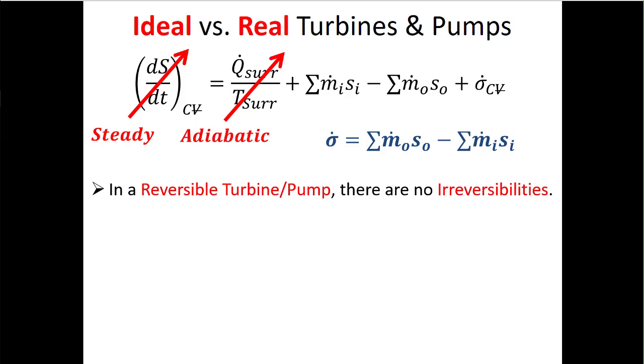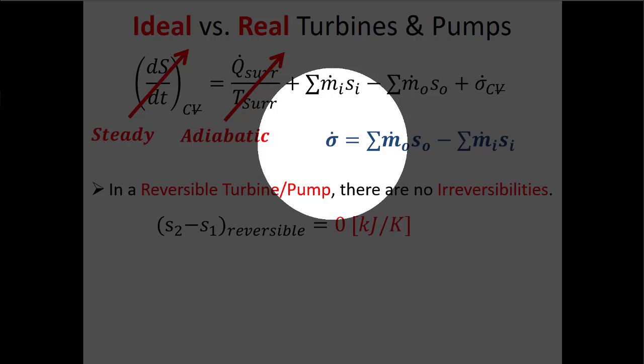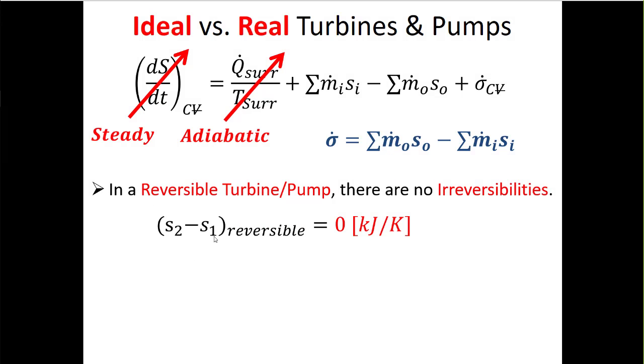So in a reversible or an ideal turbine and pump, we know that sigma dot would go to zero. So the change in the specific entropy is zero. Now, we talked about this when we looked at that coal power plant example. Remember when we went all the way around the horn there?